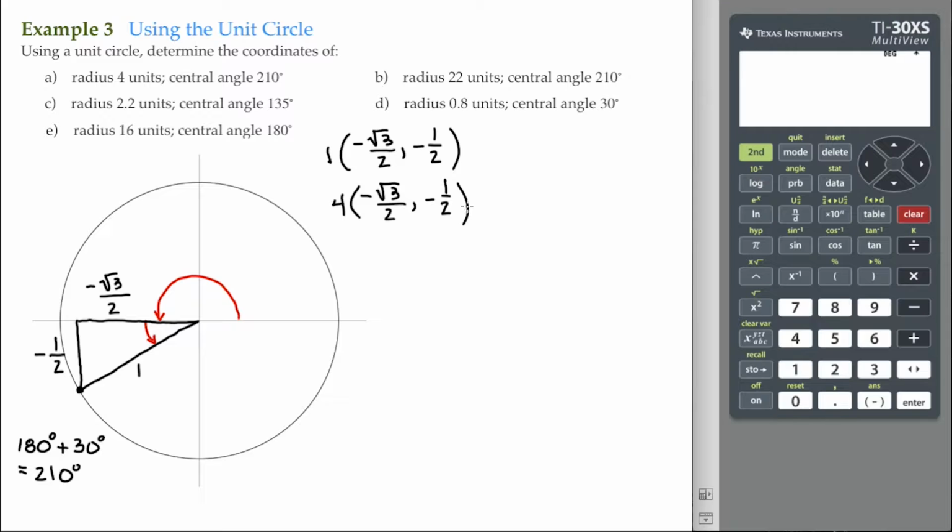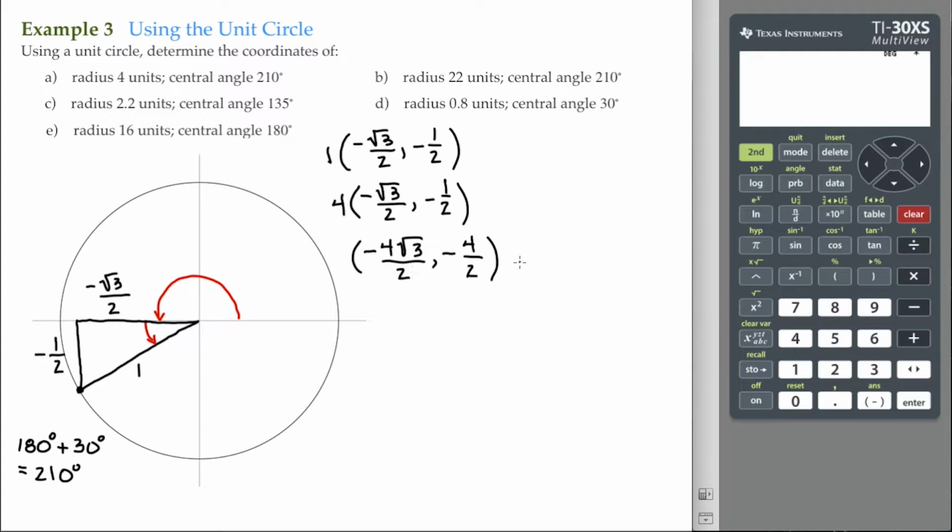And then all I do is, since I'm multiplying the size of the radius by 4, I also have to multiply the side lengths by 4. So that's what I'm going to do. So this is going to become negative 4 root 3 over 2 and negative 4 over 2.